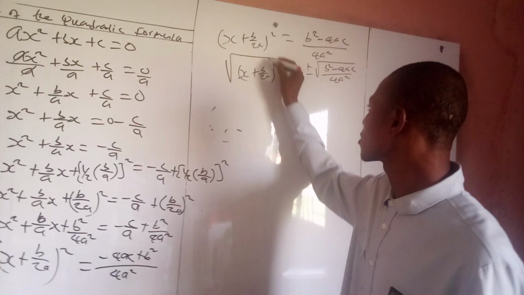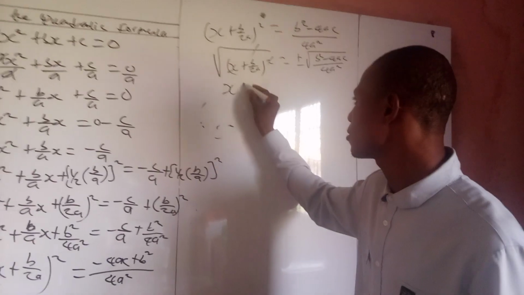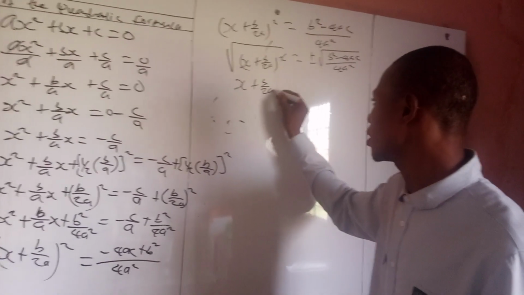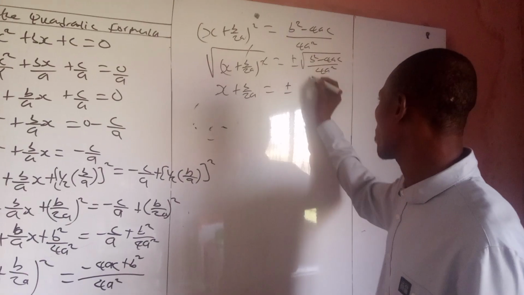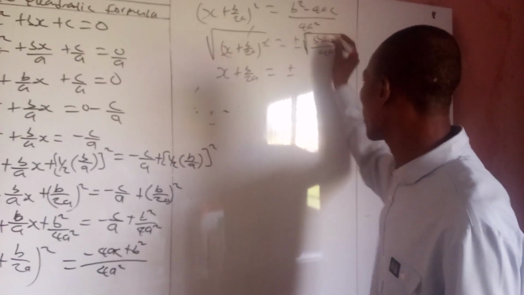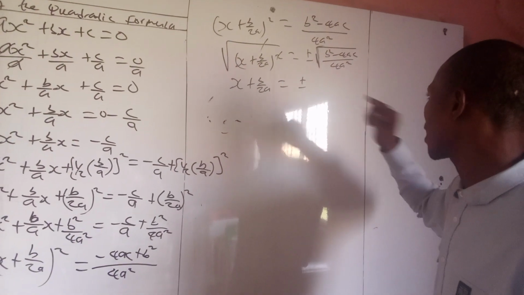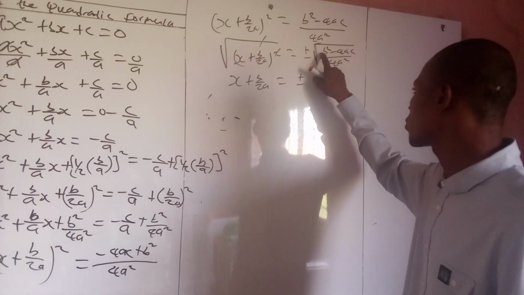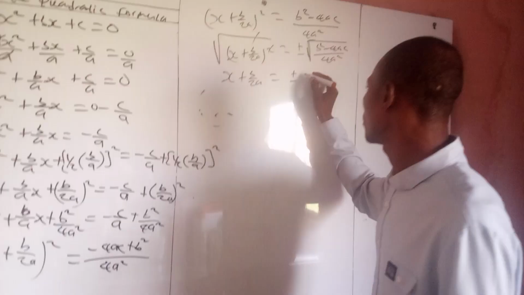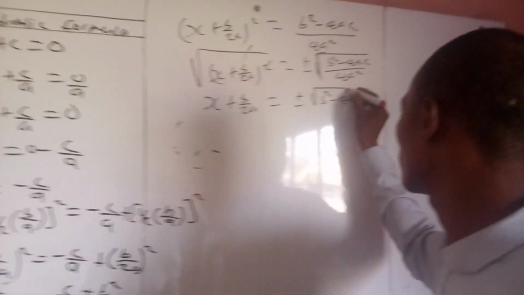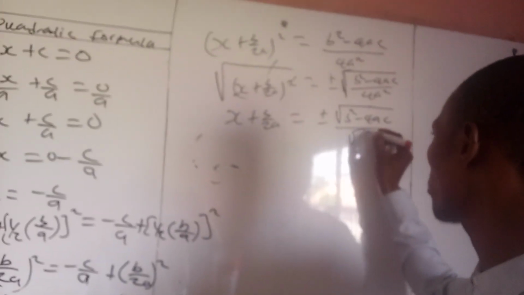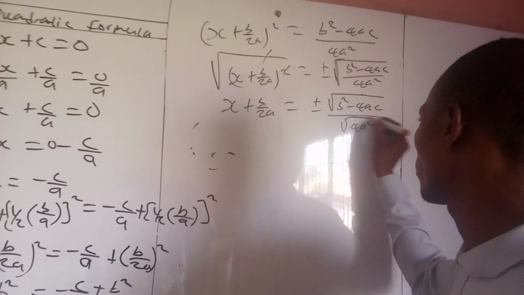So you see, this cancels this. You are left with x plus b over 2a equals plus or minus the square root of b squared minus 4ac over 4a squared. This is the same as distributing the square root to both the numerator and denominator. So we have the square root of b squared minus 4ac over the square root of 4a squared.